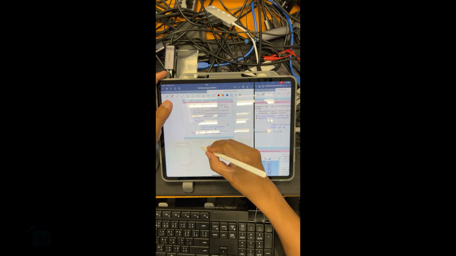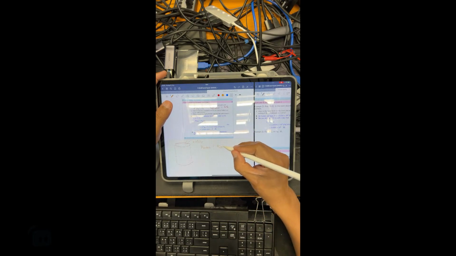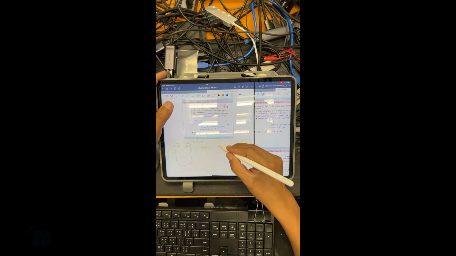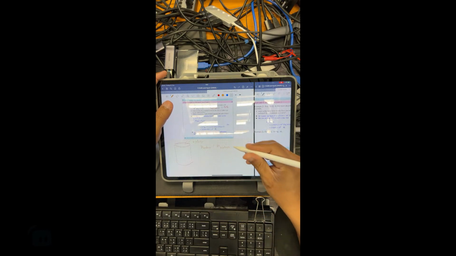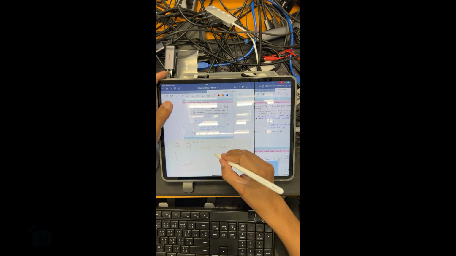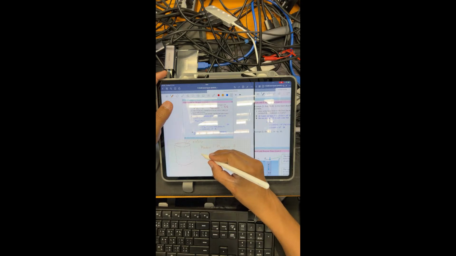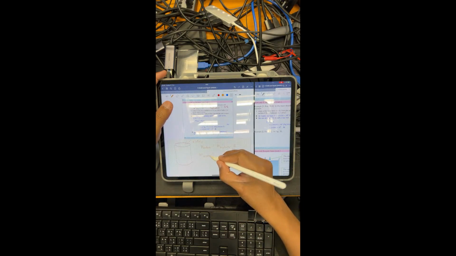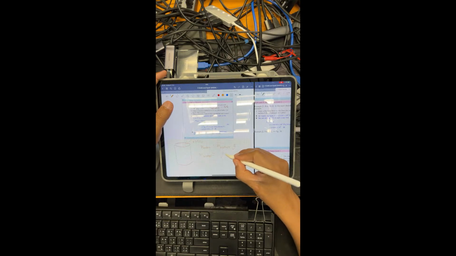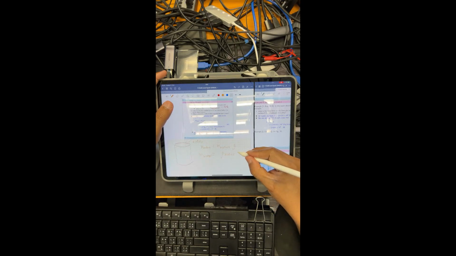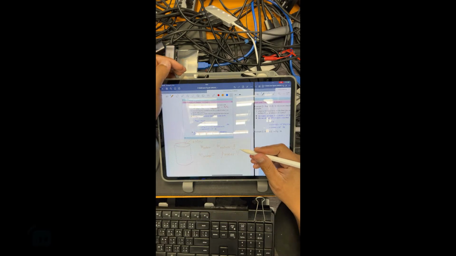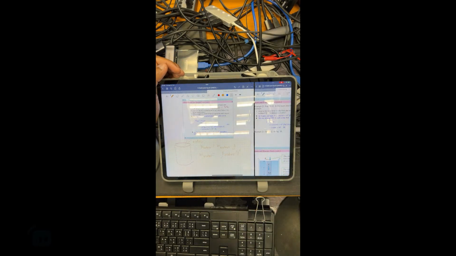So the weight of water is gonna be mass of water times g, the acceleration on Earth, and we know that the mass of water is rho water times V. Density is mass divided by volume, and we move volume to the right hand side.